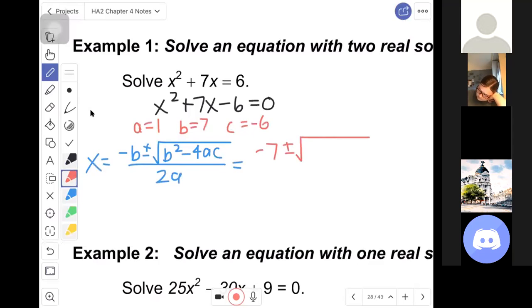Square root b squared, so that's 7 squared, minus 4a, which we said is 1, c, which is -6, all over 2 times a, which is 1.